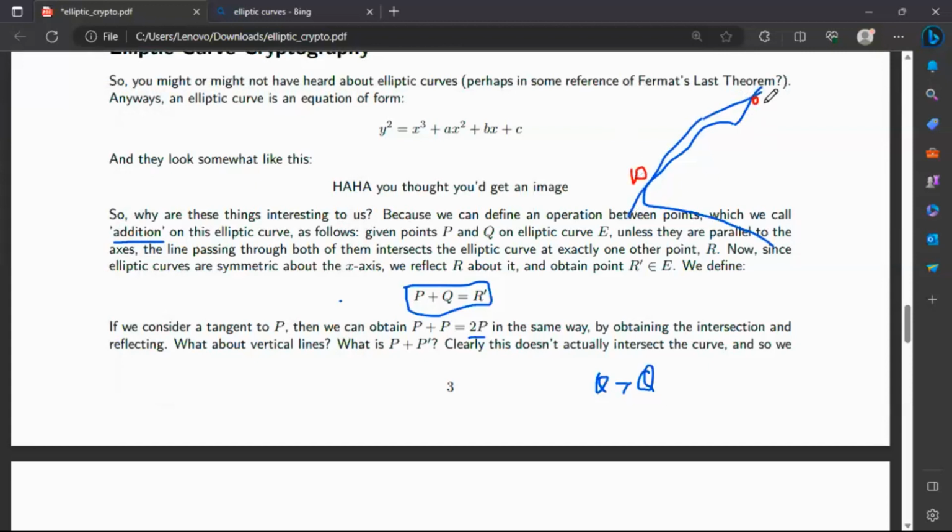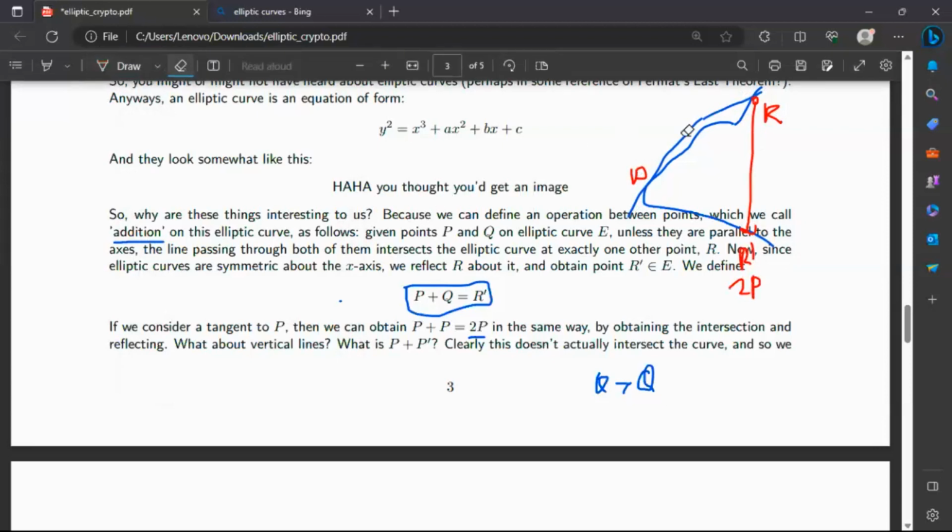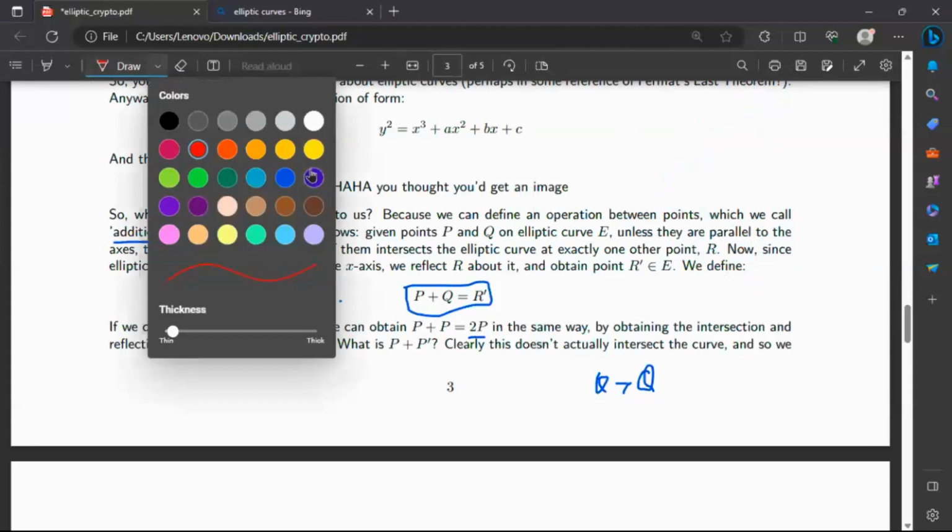This is P. Sorry, this will be R. And the reflection will be R dash, which we can also call 2P because it is P plus P. So the line PP we refer to as the tangent at P, which is generally what we use.